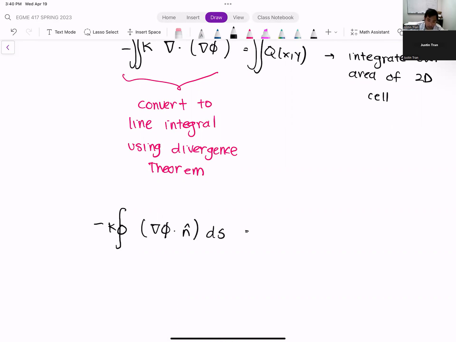And on the right-hand side, we're going to apply the trapezoidal rule to evaluate this integral. And so this becomes q at xc, yc times delta x delta y, where xc and yc are the coordinates of the cell center.